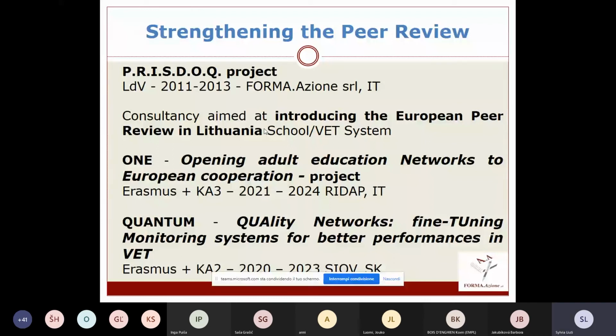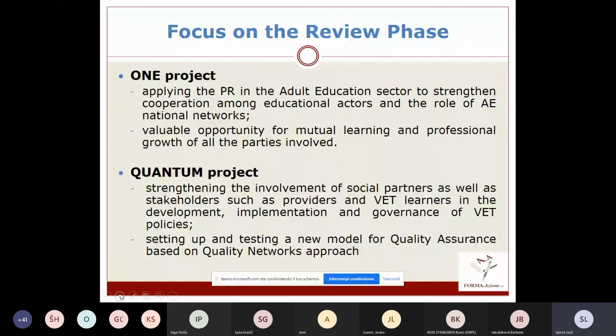And as a point of strength on how to strengthen the peer review methodology, I'd really like to share with you this experience we are now starting with one project and the Quantum project, because we are now focused with these two projects on the review phase, which was already mentioned as the crucial phase in peer review at system level.